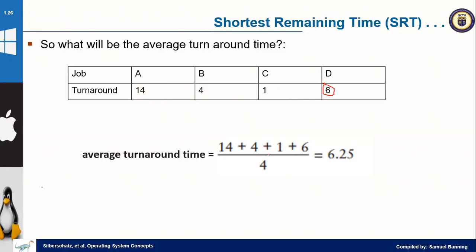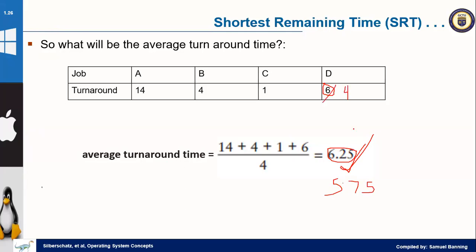So you get 23 over 4, which is 5.75, a little lower. So the average turnaround time will be 5.75. This is actually 4, not 6.